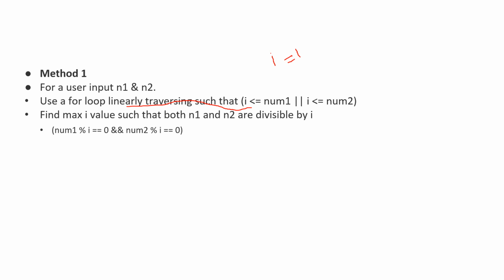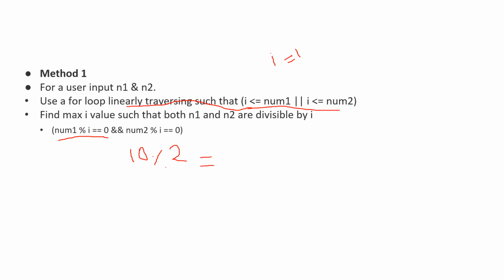We always know that the number we are dividing by should be less than or equal to that number itself, so that condition we will check here. Then in the loop, we check if num1 percentage i equals 0. For example, if num1 is 10 and i is 2, we check whether 10 percentage 2 is equal to 0.